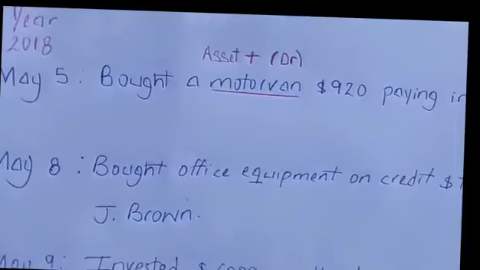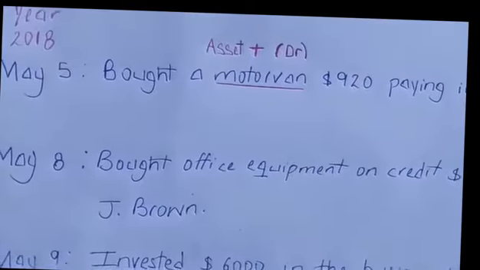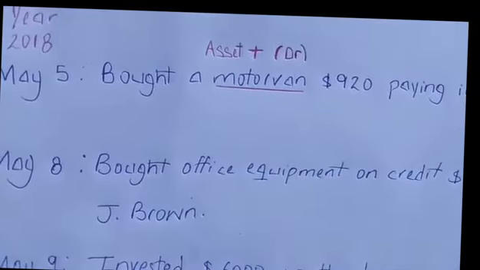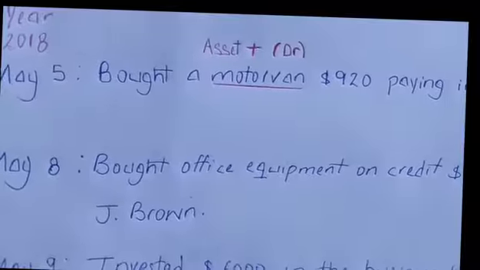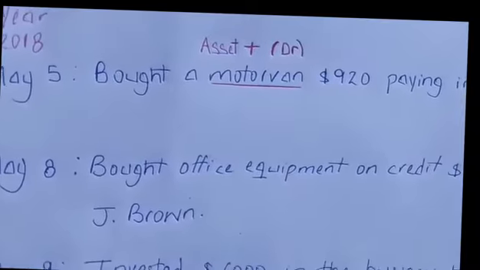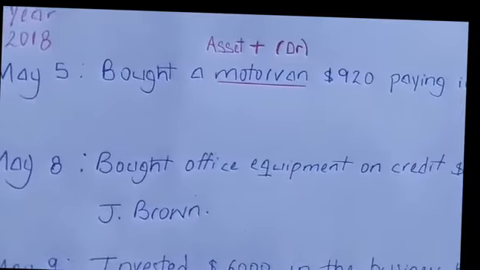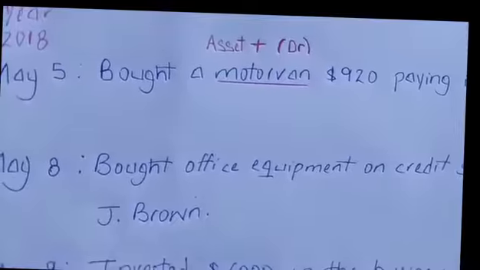So I've made a note over motor van as to how it should be treated. So motor van is an asset and the asset is increasing. So we are to make a debit entry in the motor van account. So let me do that in the T account. Here is my motor van account, and I am to come to the debit side of the motor van account.